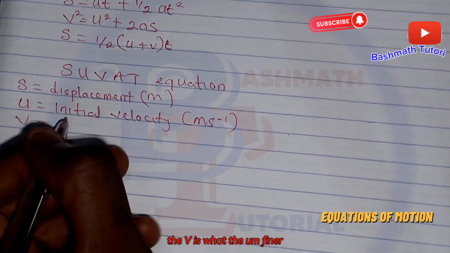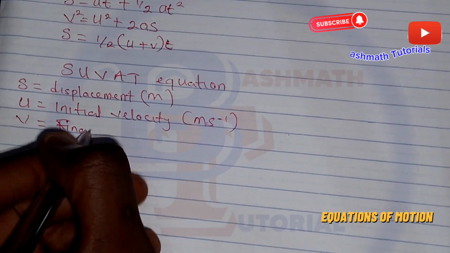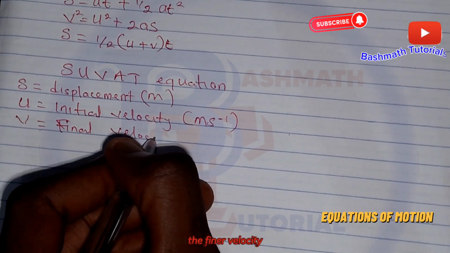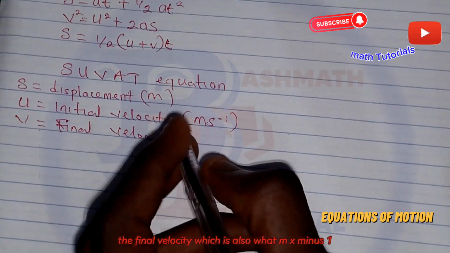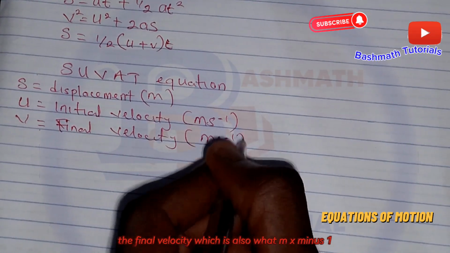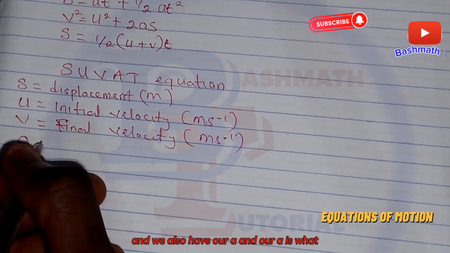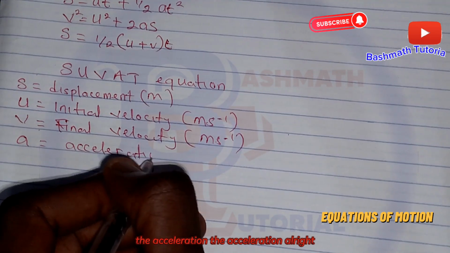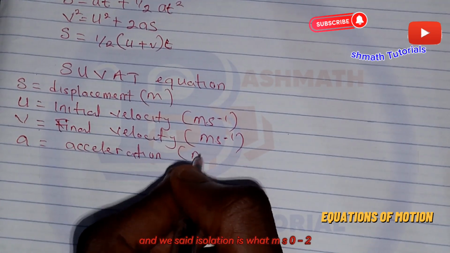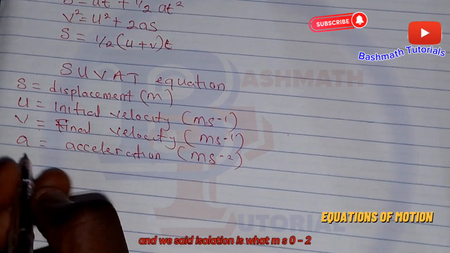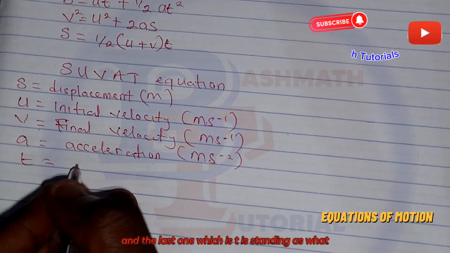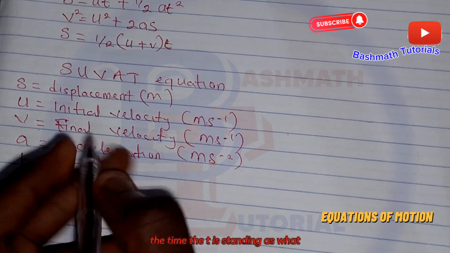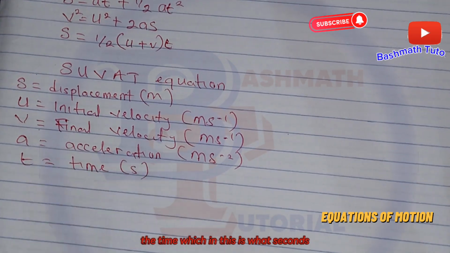The v is the final velocity, which is also in meters per second. Our a is the acceleration, which is in meters per second squared. And the last one, t, is standing for the time, whose unit is seconds.